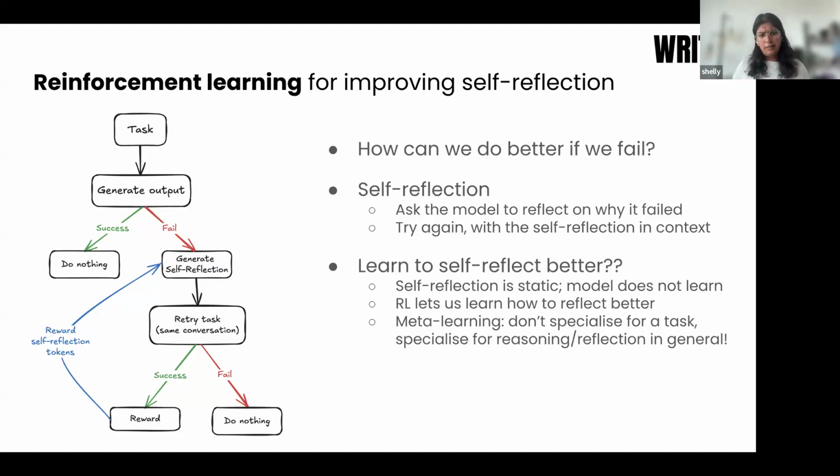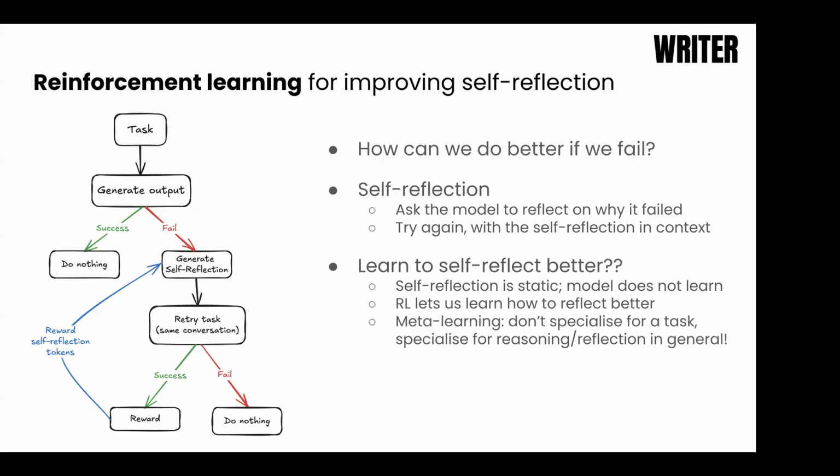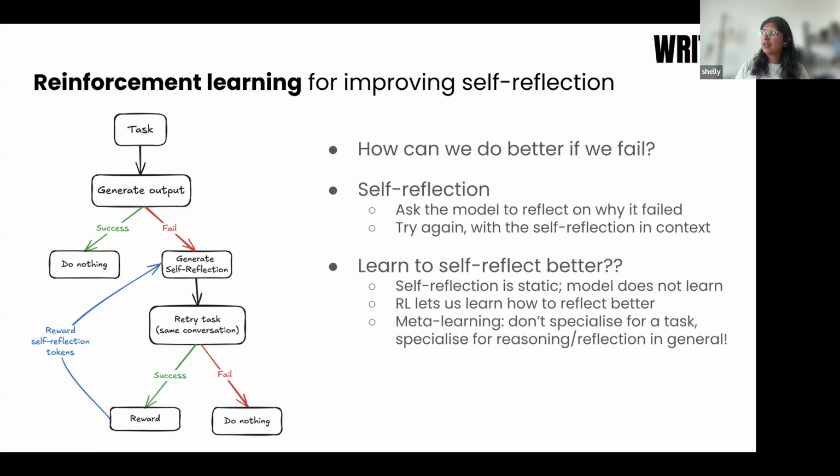So do you have any intuition on how or if this kind of technique might apply to reasoning models and the reasoning RL paradigm? Yeah, that's a good question. My intuition is that similar approaches are already being used to train good reasoning, right?